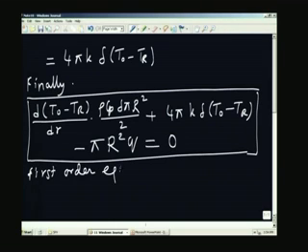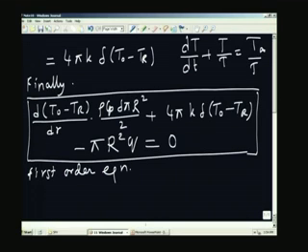It is a first order equation, and therefore I can identify immediately that it is of the form we had for a first order system, dT by dt plus T by tau is equal to T infinity by tau. All I have to do is bring it to this form, by dividing throughout by this coefficient here.